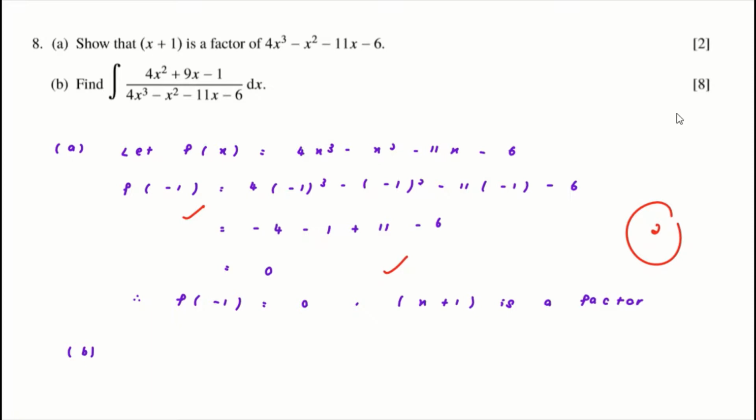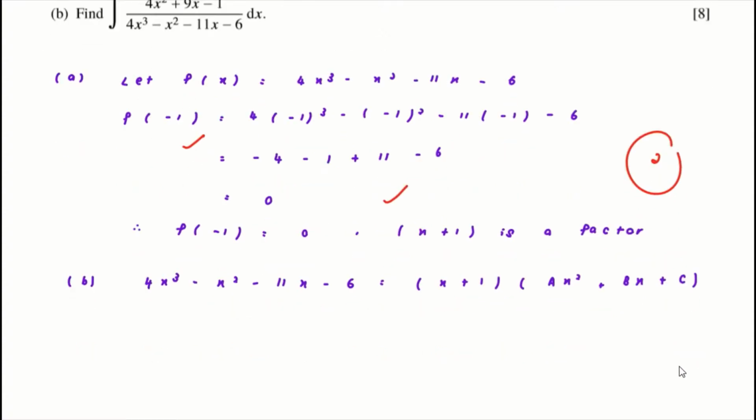Okay, so now let's start by finding the other factor first. In this case, let's try to do a comparison. 4x cubed minus x squared minus 11x minus 6 will be equal to the first factor that we have, x plus 1, times the other one, ax squared plus bx plus c.